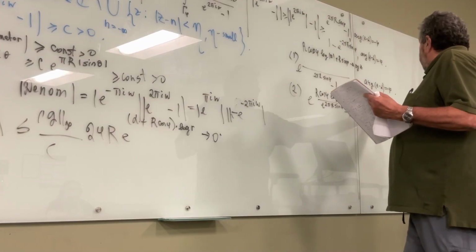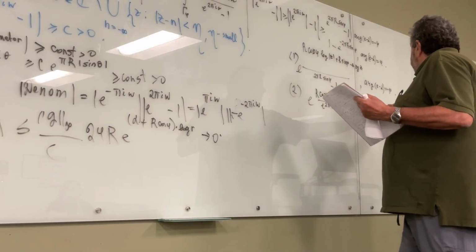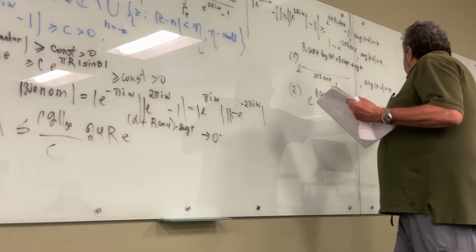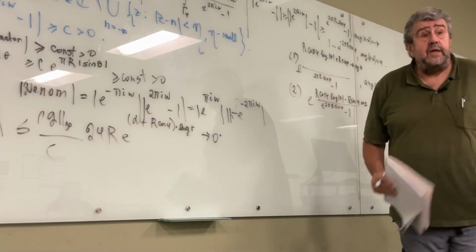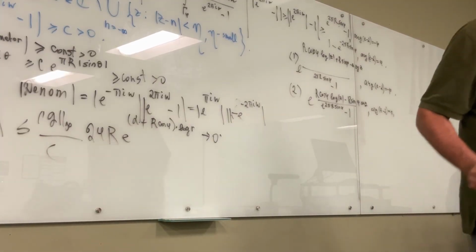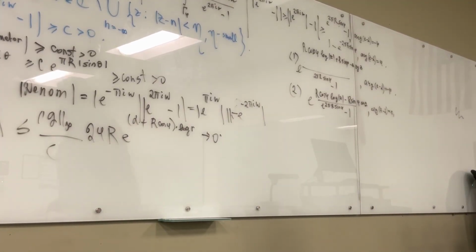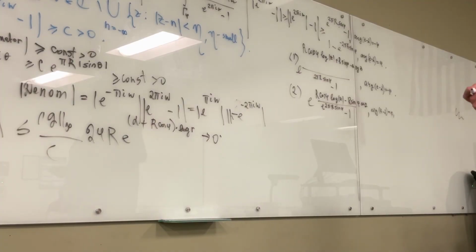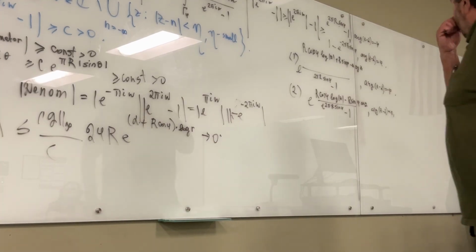And this is for the argument of z minus alpha equal to phi. All right, well, that's what you have. And the point is that you have to have both sides decay exponentially.